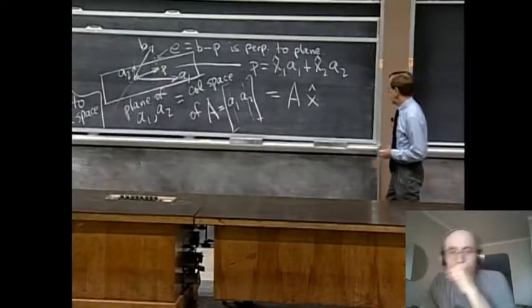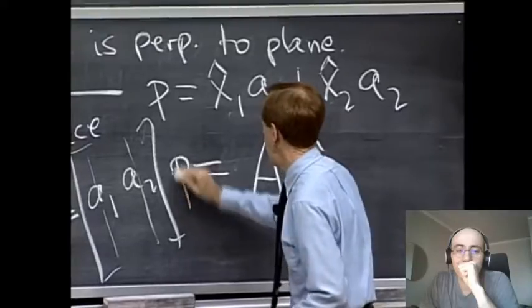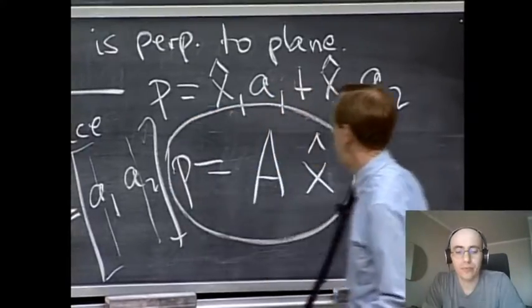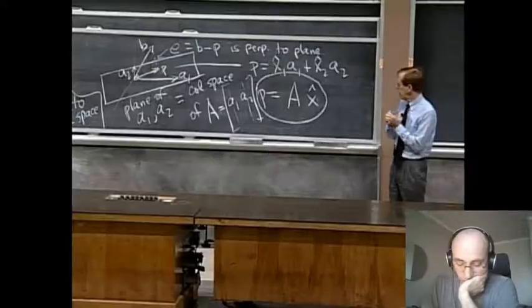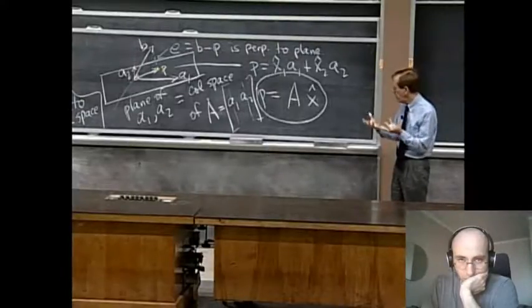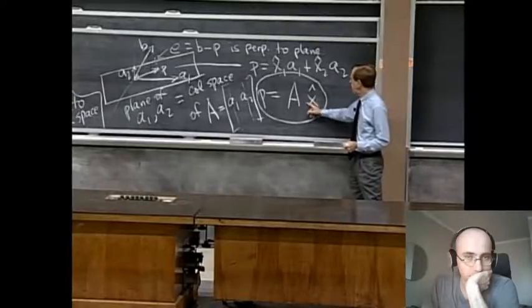So this is the projection, P. P is A x bar, and I'm looking for x bar. So that's what I want in the equation. So now I've got hold of the problem. The problem is find the right combination.